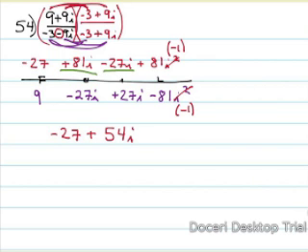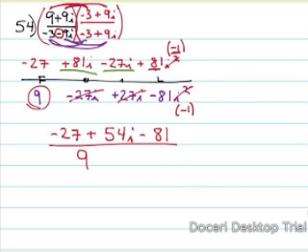And on the end, we're going to have minus 81, because 81 times negative 1 is negative 81. The denominator. Our inners and outers will cancel, so we'll just have our 9. Negative 81 times negative 1 is plus 81.